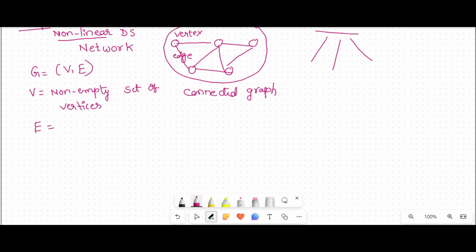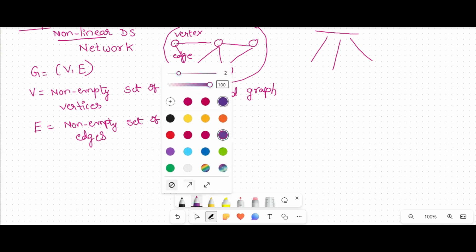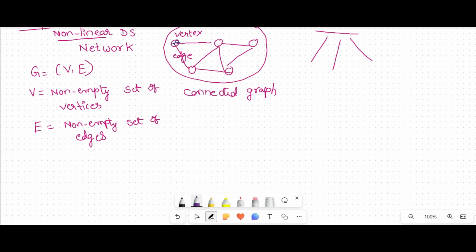What is E? E is a non-empty set of edges. You can give names to each vertex, like A, B, C, D, E, and to the edges, like E1, E2, E3, E4, E5, E6, E7.